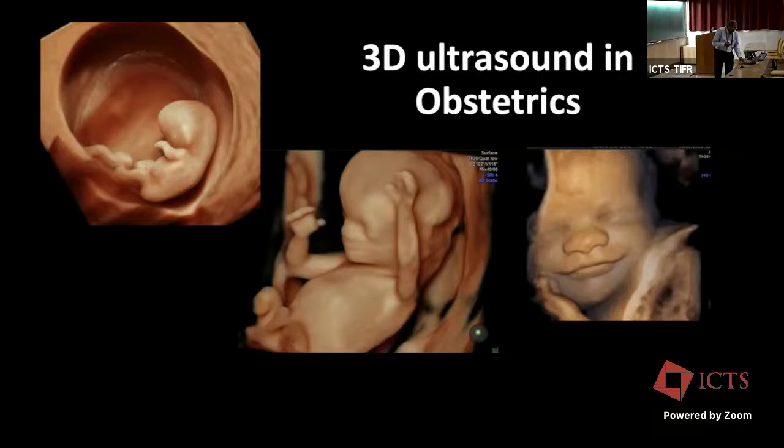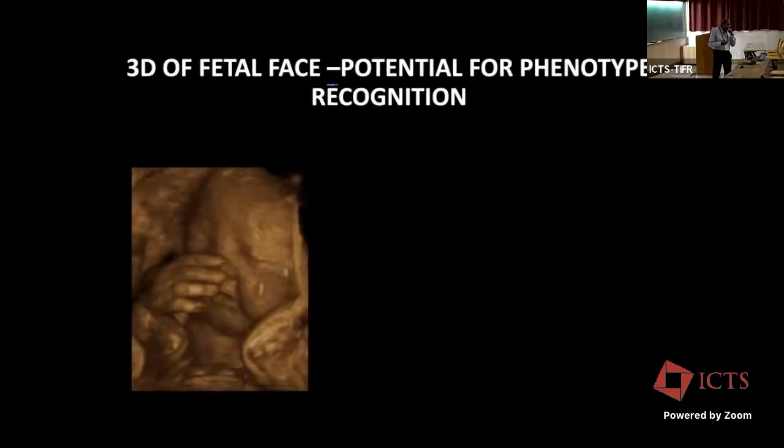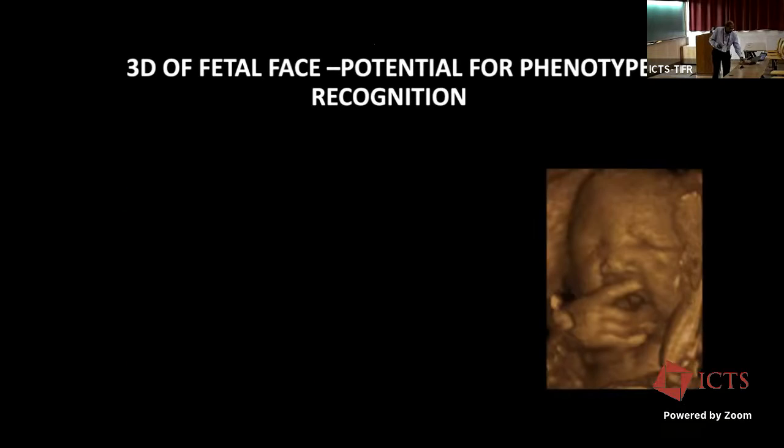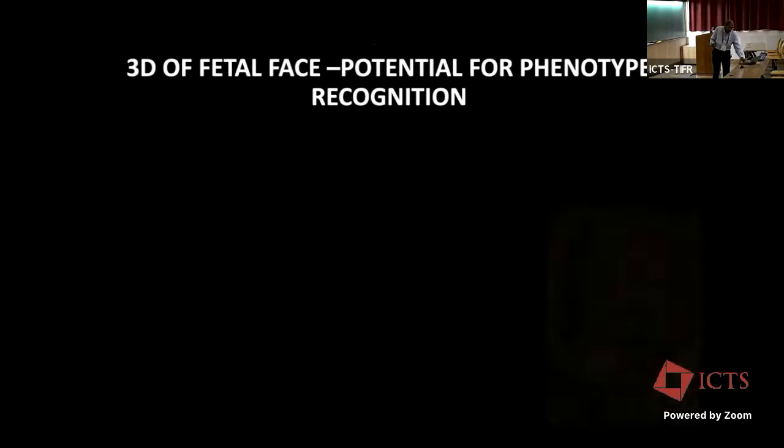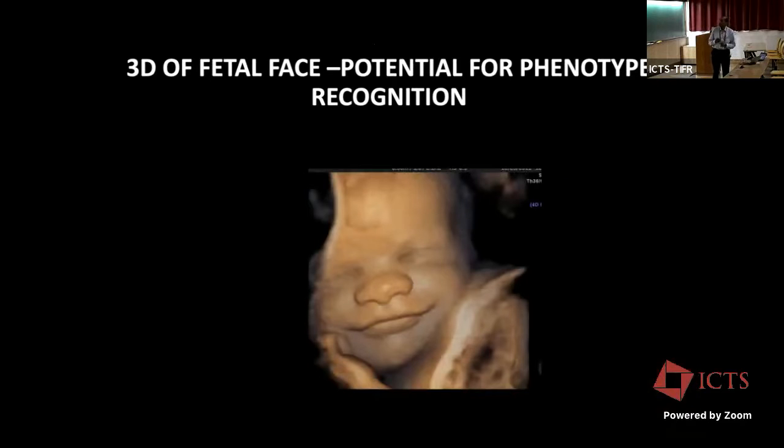And more importantly, they have also shown that 3D of the fetal face, there's a potential for phenotype recognition. And they also found that we are able to actually identify the baby has emotions. So you can see this baby crying, you can see this baby yawning, and here you can see this baby smiling. So all these are possible.